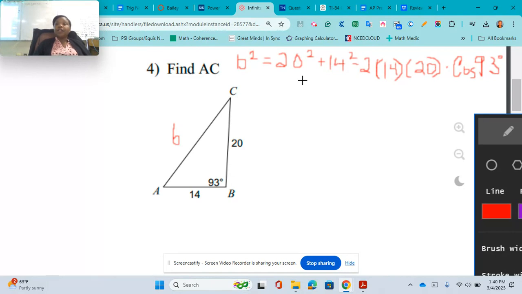All right. So in our calculator, we're going to put this together, 20 squared plus 14 squared.